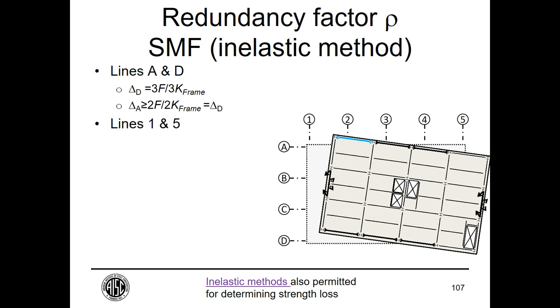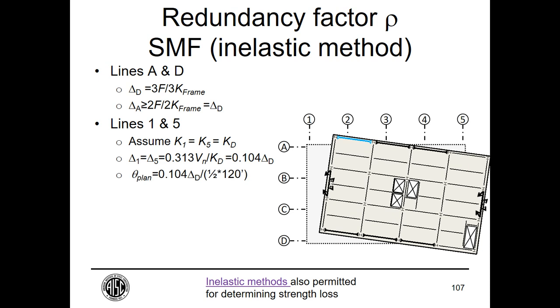more. So at line 1 and line 5, we have the load that went to the braced frames divided by their stiffness. We're assuming their stiffness is going to be the same as the stiffness of each of the moment frame lines. And so we get a little bit of displacement up at line 1 and down at line 5.